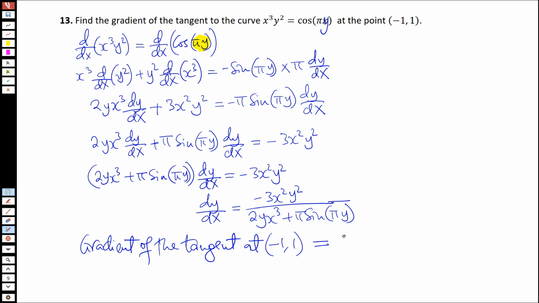So the numerator will just be equal to negative 3, and the denominator will be equal to negative 2. And sine pi, well, if you plug in 1 in place of y, you'll end up with sine pi. Now sine pi, so sine 180, is 0, so that will just be 0. So our answer will just be 3 over 2.